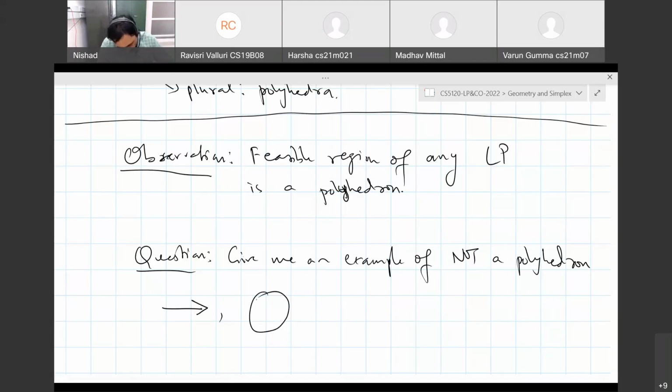For that matter, even an arrow shape like this is not a polyhedron. A sphere is not a polyhedron, etc., because a sphere will also require infinitely many constraints, and that's not allowed.